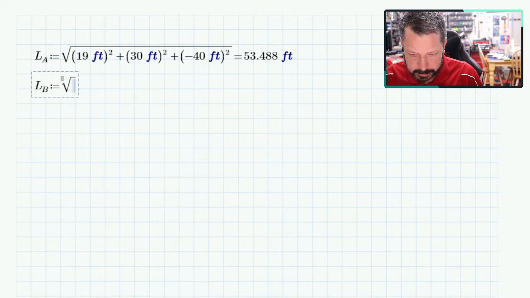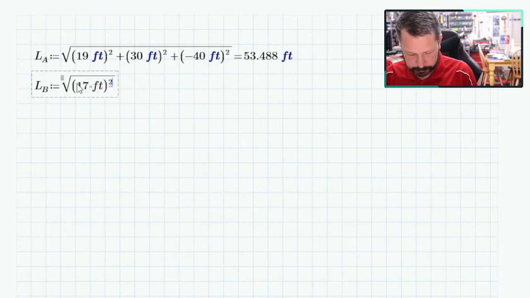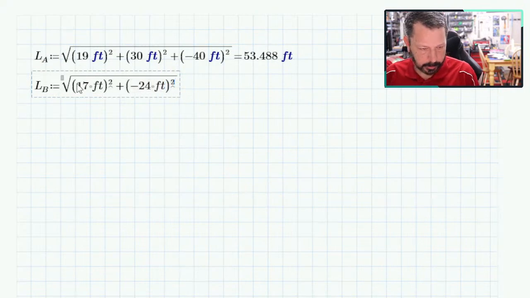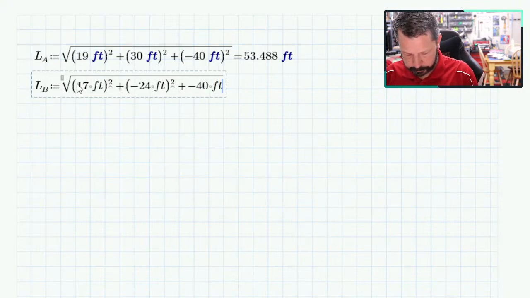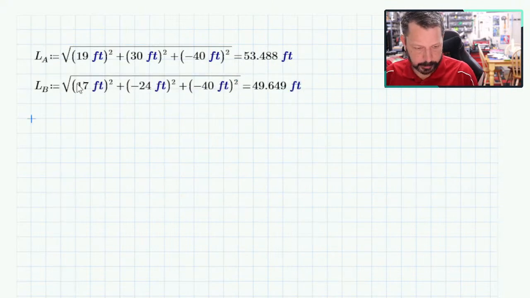I think it's 17. Yeah. So 17 squared plus a negative 24 squared, and then plus a negative 40 squared. So 49. And then we have the length of C.